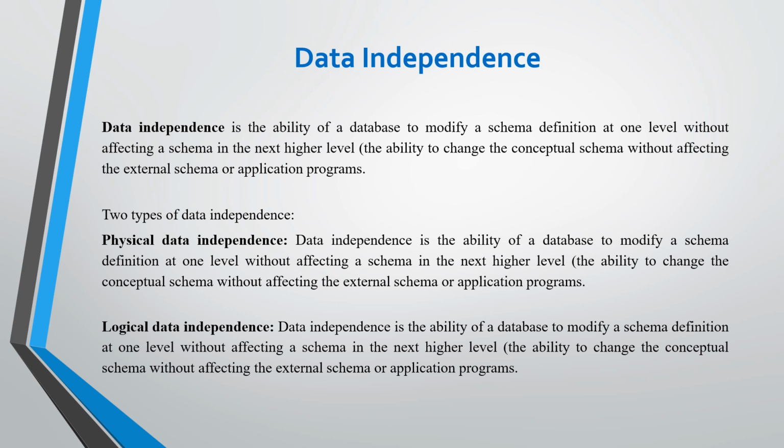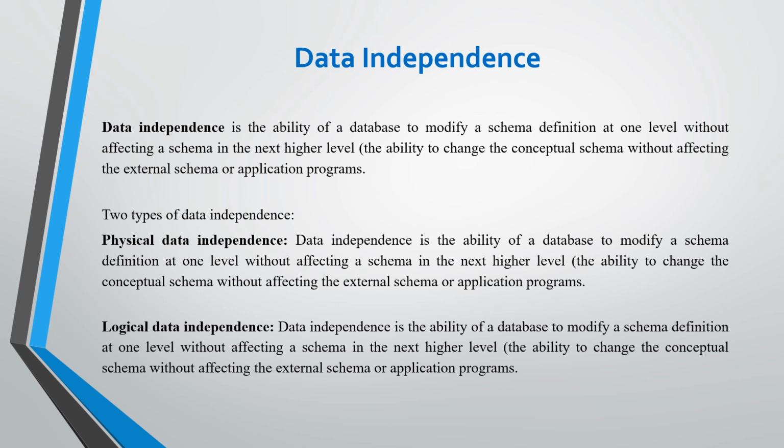On the other hand, it is the ability to change the conceptual schema without affecting the external schema or application programs. There are two different types of data independence. The first is called physical data independence. The second is called logical data independence.